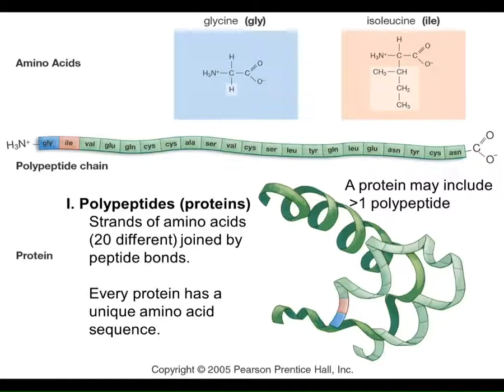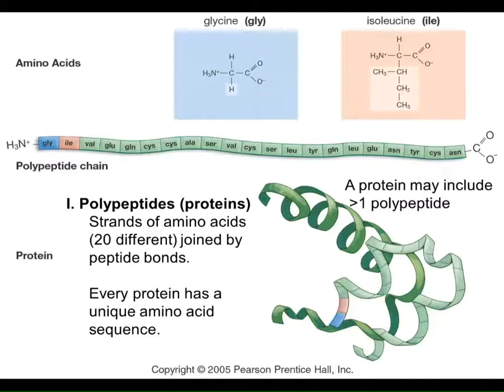So, reminder, what is a protein? A protein is a long chain of amino acids. And how many different amino acids are there? 20. So there are 20 different letters in this alphabet, and every protein has a different arrangement of these amino acids. If we look at this green chain, we see that each box, each rectangle, is a different amino acid.